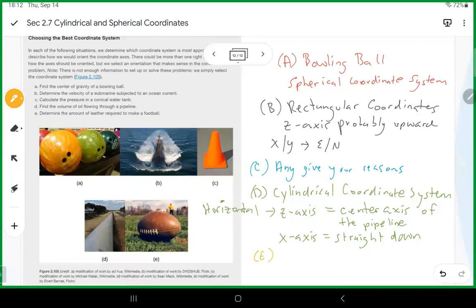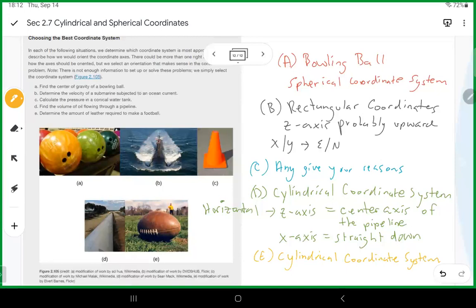So the last one says determine the amount of leather required to make a football. A football has a rotational symmetry about the central axis, so the best option here is again going to be cylindrical. That would work the best.